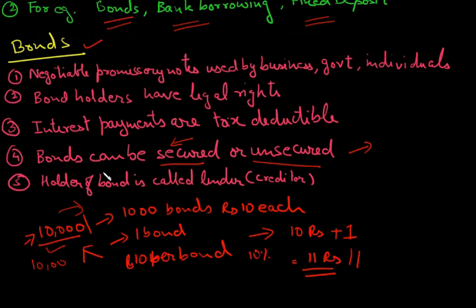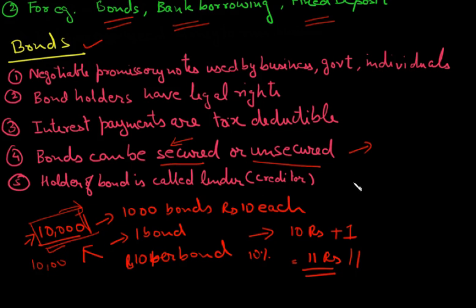Now, bonds can be secured or unsecured. What do we mean by secured bonds? By secured bonds, we mean that collateral has been posted for the money which has been borrowed from the market. In this example, suppose this company is trying to raise that 10,000 rupees.